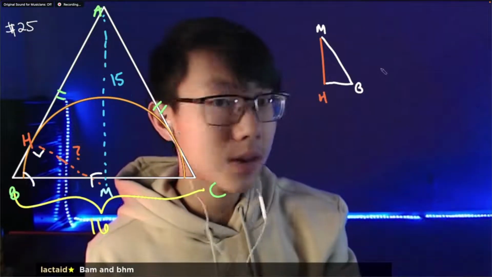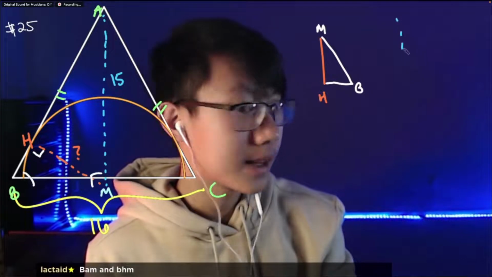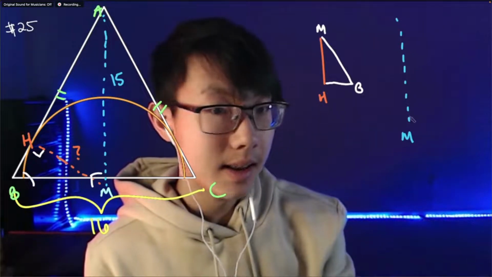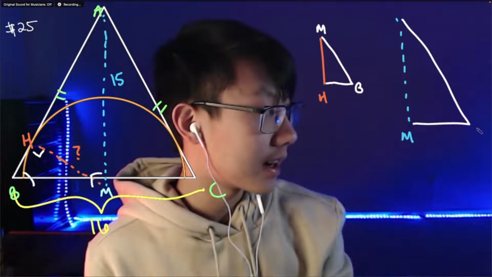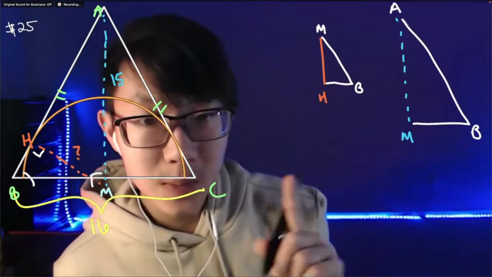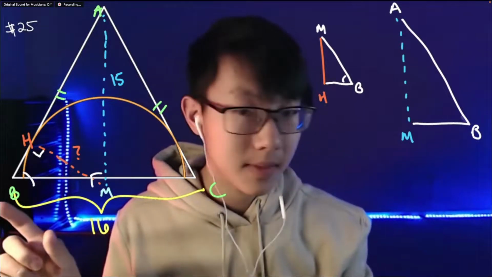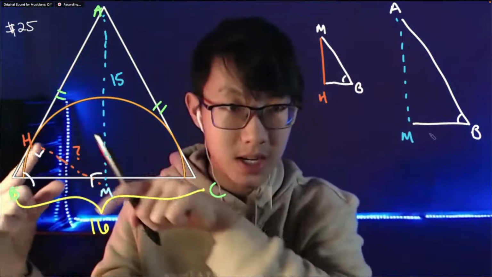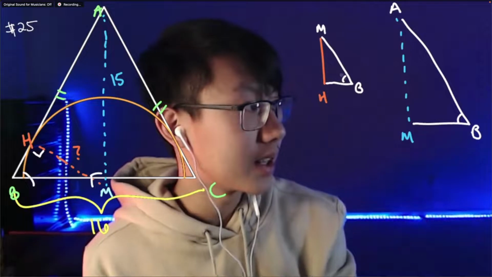The big triangle has the blue altitude. That's M again, and then we have B over there. You could look at it as C as well, but same thing. This matches up because angle B is facing AM in the big triangle, and it's also facing HM in the smaller triangle.